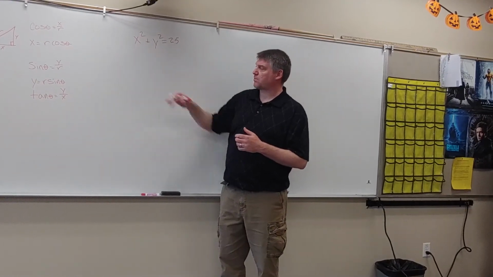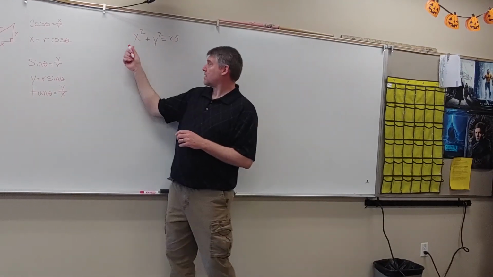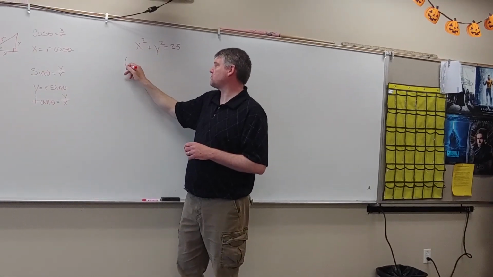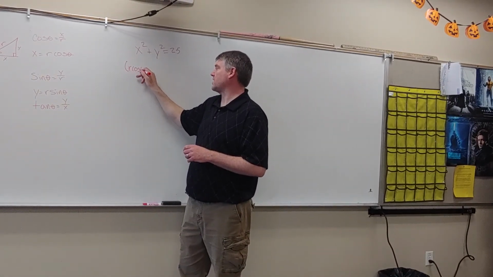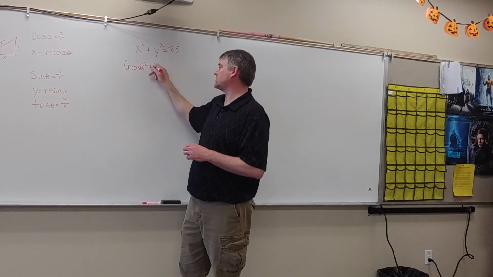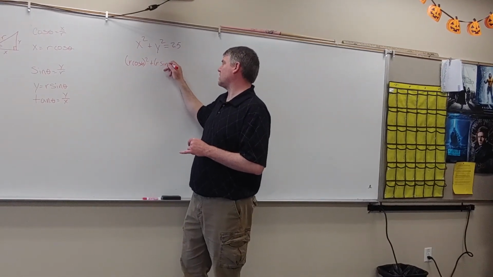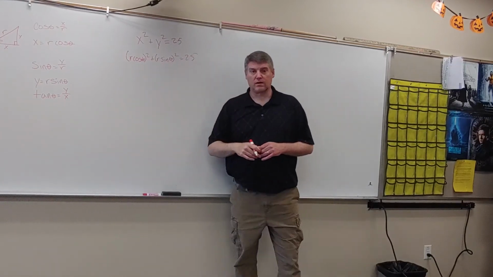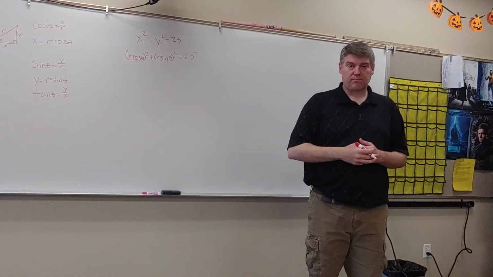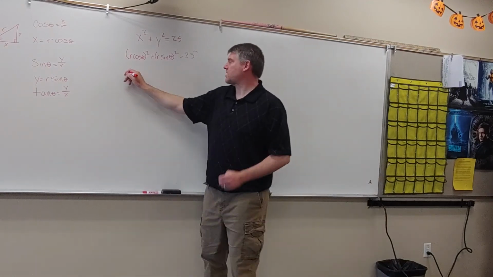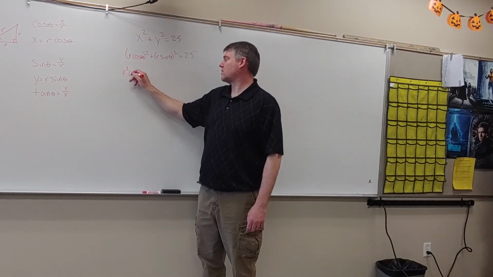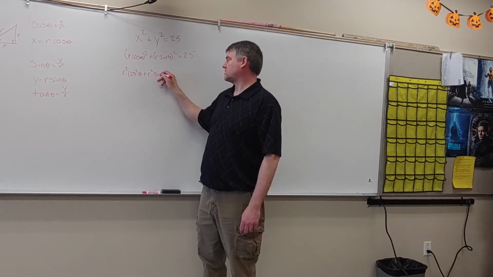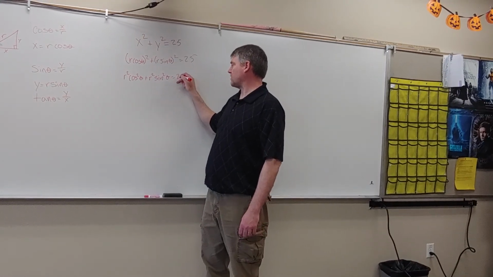So if I were to plug in what x is, x is r cosine theta, so this becomes (r cosine theta) squared plus (r sine theta) squared equals 25. Okay? Now, if I square this out, this becomes r squared cosine squared theta plus r squared sine squared theta equals 25.